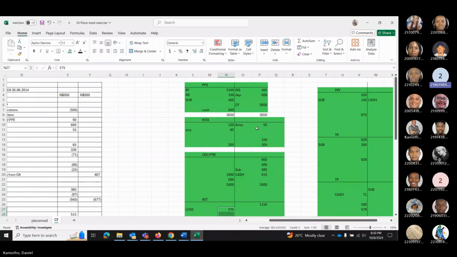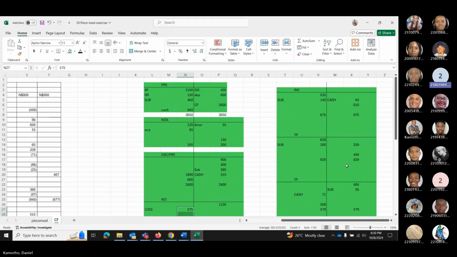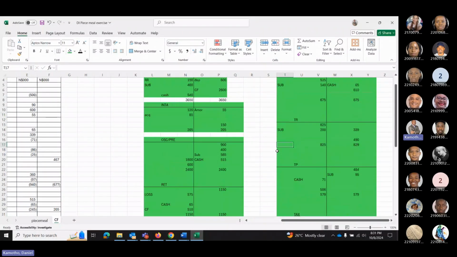At the trade receivable, your opening balance should be 625 and not 620. At the trade receivables, yes. 625. Yes. And that was the difference anyway. If you do that, 625 opening, and therefore we are saying what would be the trade receivable, then this would be 625, 825.